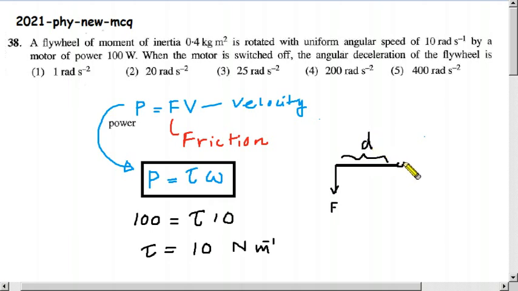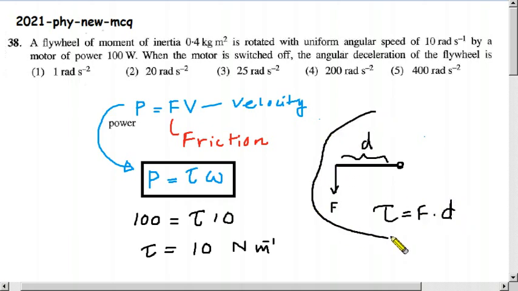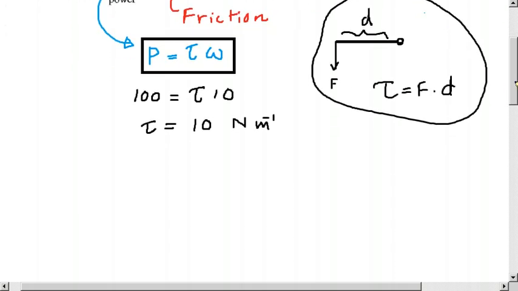So it is rotating around this point, so tau is F times d. That you don't need here, but I just recalled it to your memory. If we happen to use it, then you can use it, but here you don't need that equation.